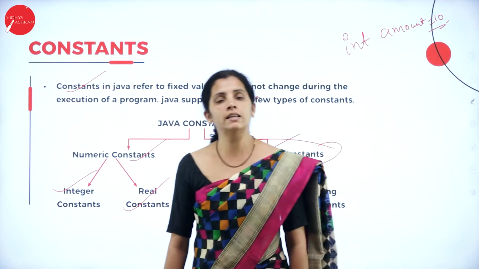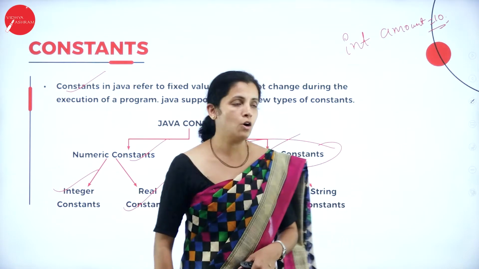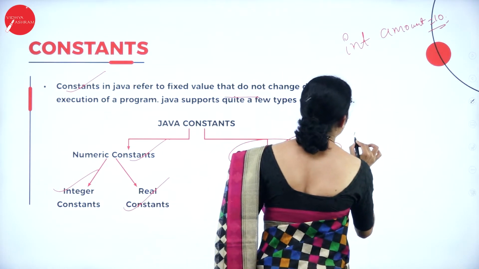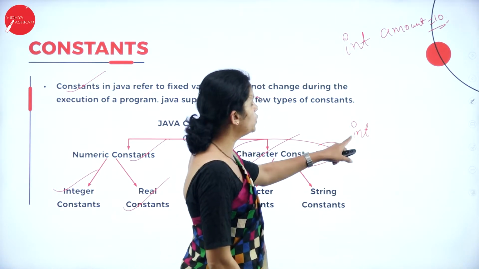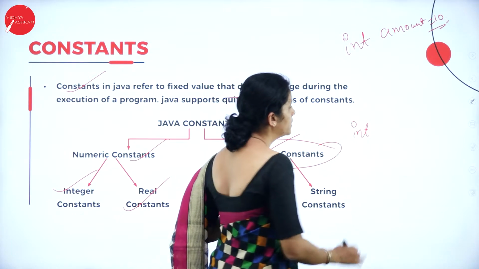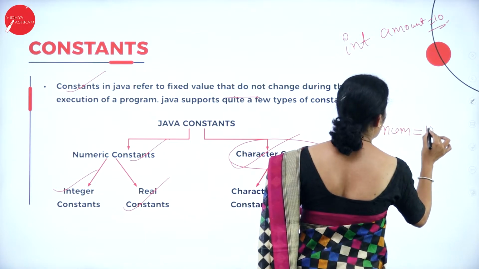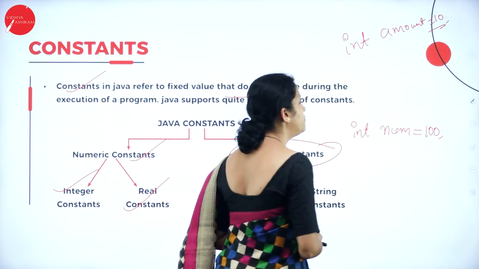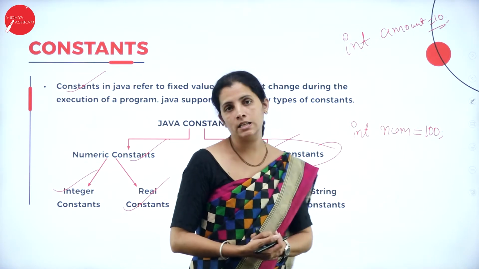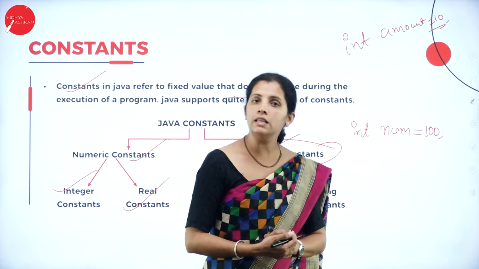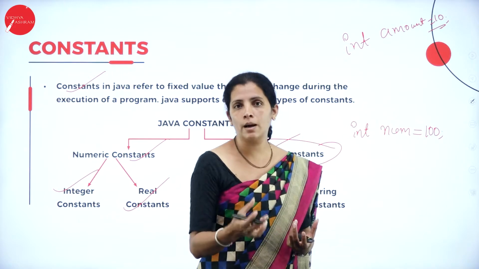Now dear student, let me write the example for integer constant. To define it as integer, I'm going to use the data type int. Then I'll write number equal to 100. This is the example for integer constant. Now let me consider the real number. Real number is nothing but fractional values or fractional numbers.